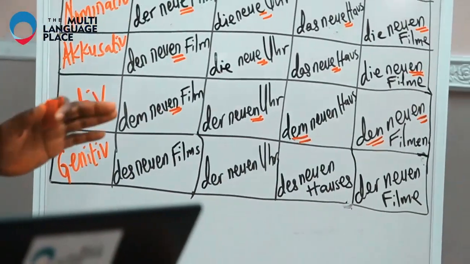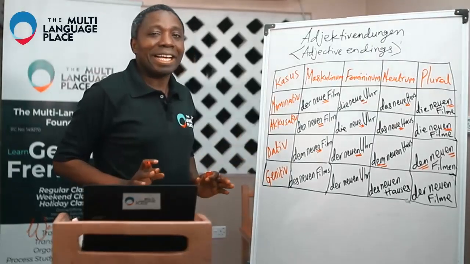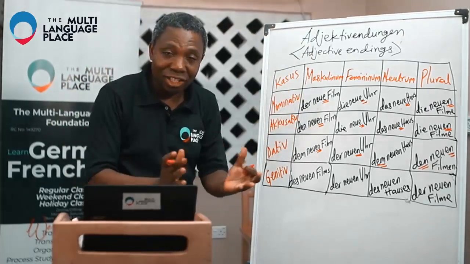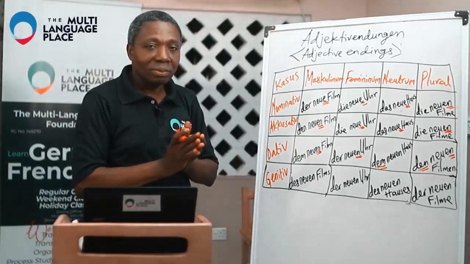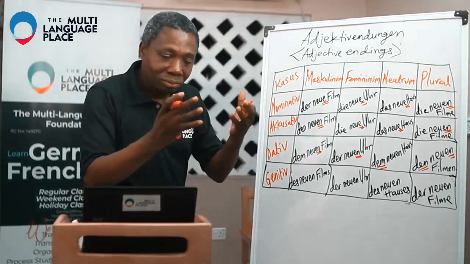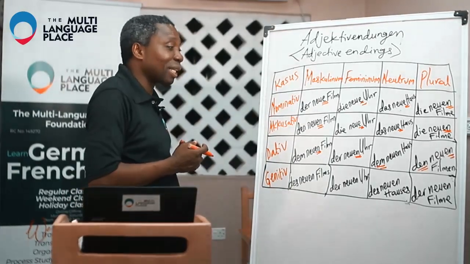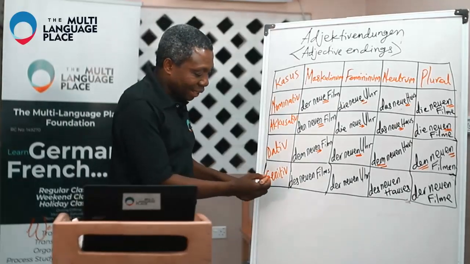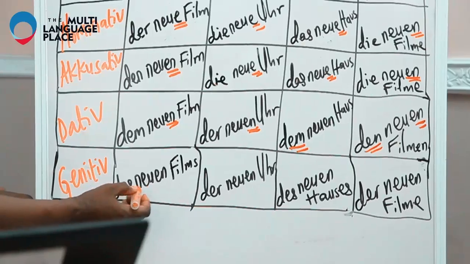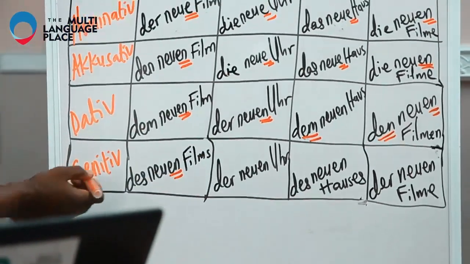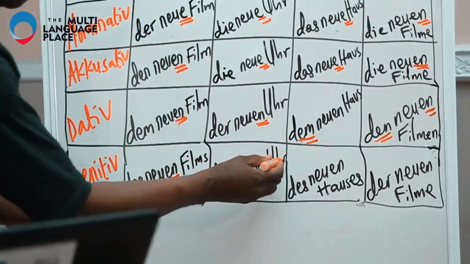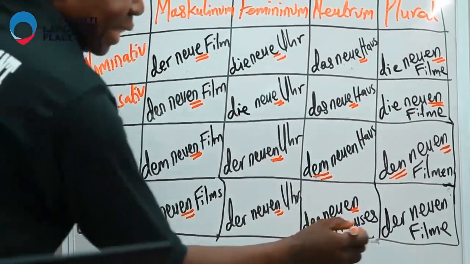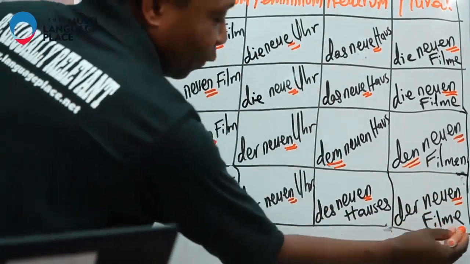The good thing about this is that what is happening to neue happens to every other adjective that is used to qualify that noun, to support that noun, to bring out the full meaning of that noun. So we have den neuen Filmen, and then we have the genitive: des neuen Films, der neuen Uhr, des neuen Hauses, der neuen Filme.